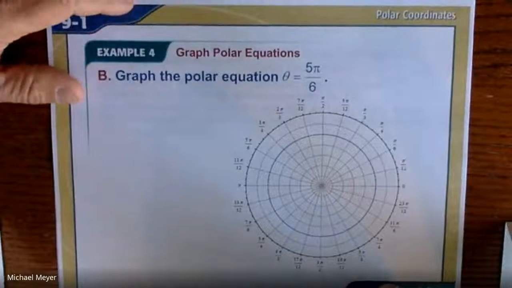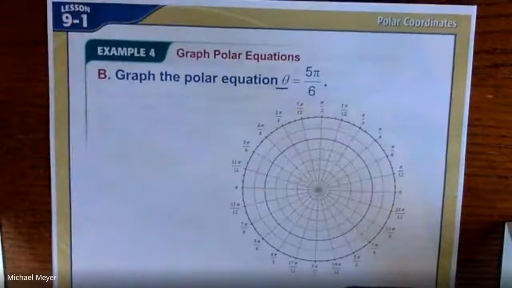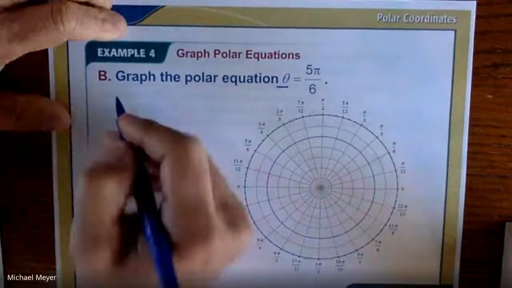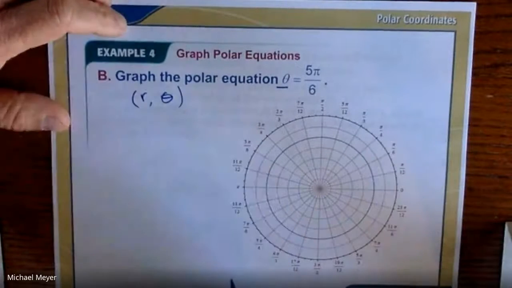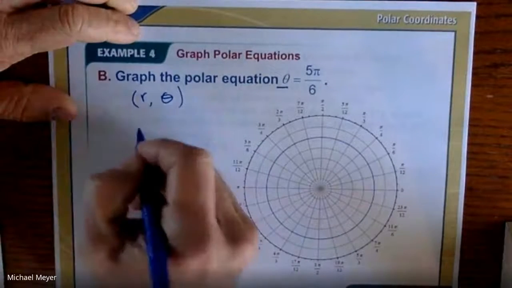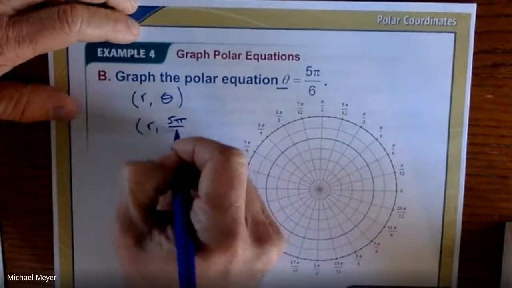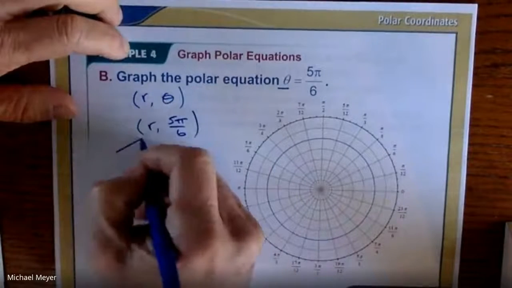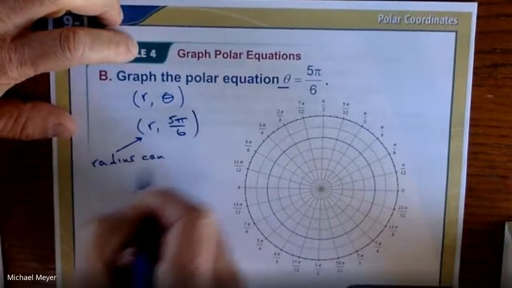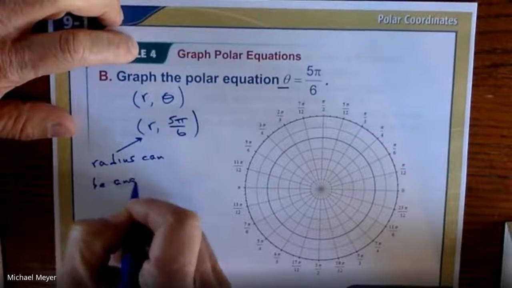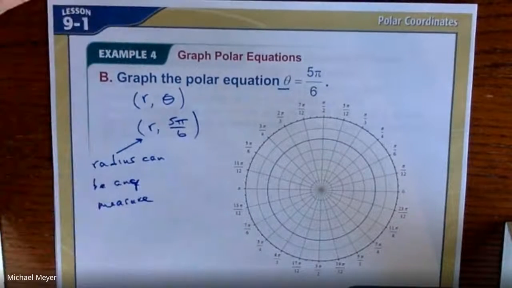What if they gave us an equation where it's theta equals an angle measure? Well, if we take a look at that, again, I'll start with what we know is true. It's a radius and an angle theta. They're now giving us the angle theta. So I would interpret this as the radius can be any measure, right?